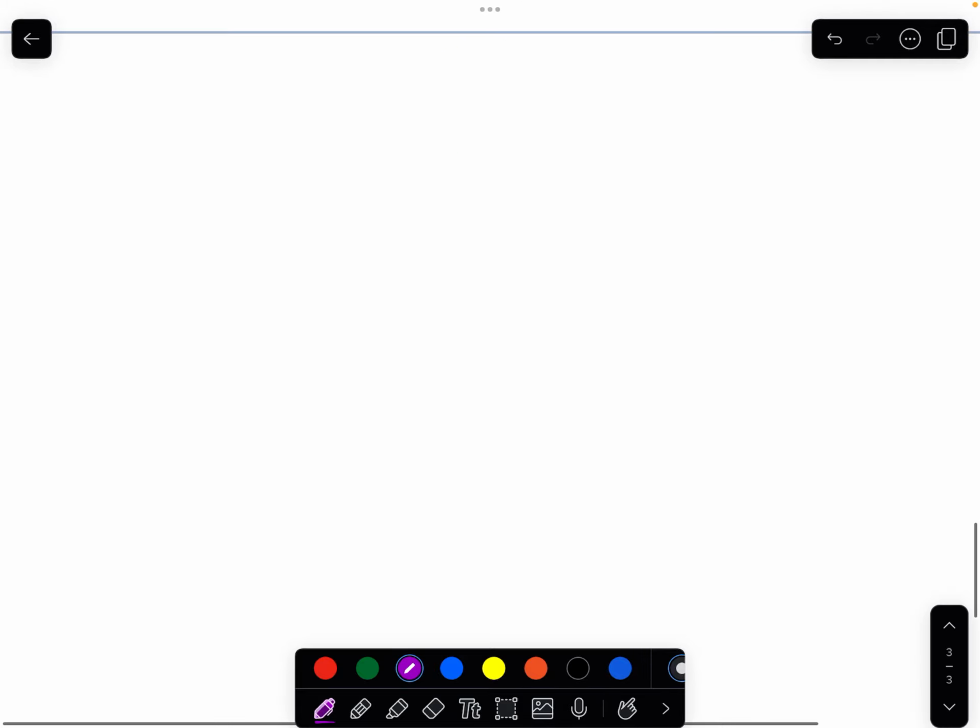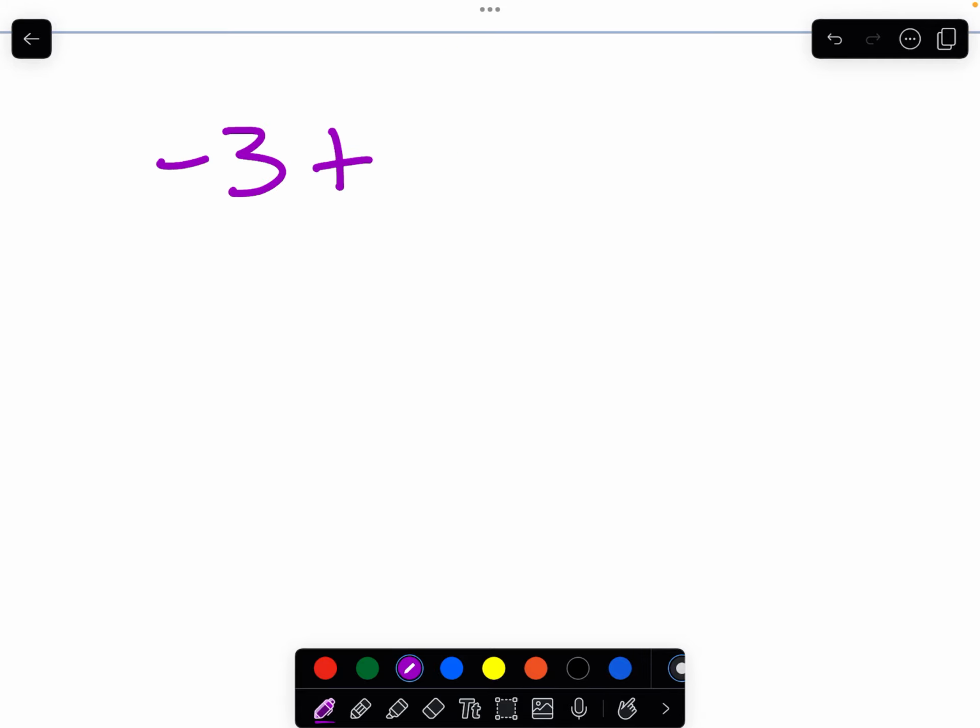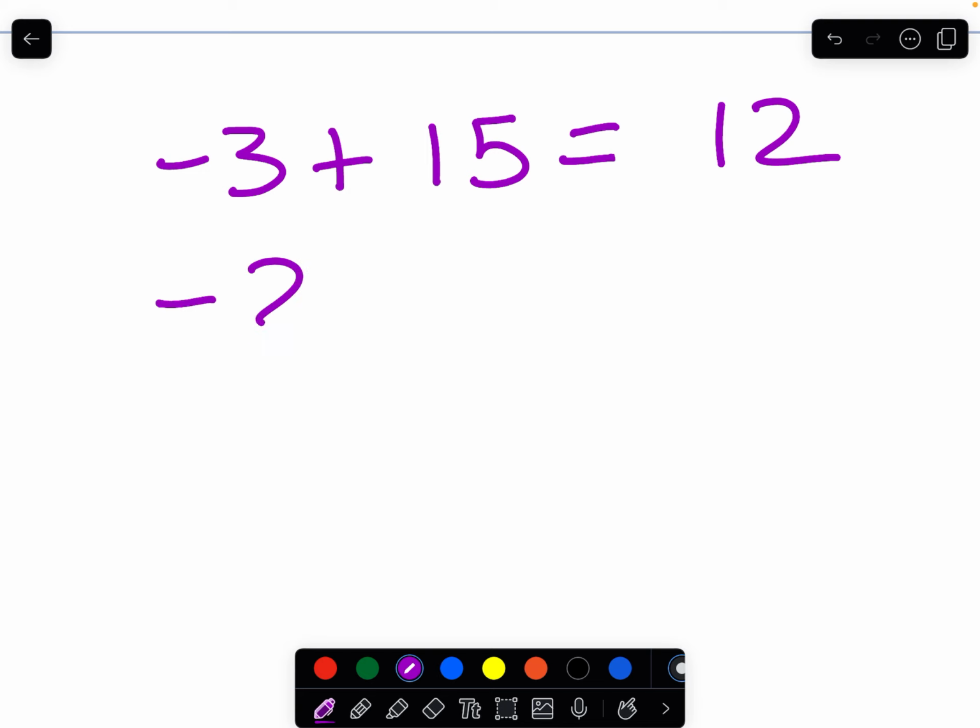Let's do a couple more. Negative 3 plus 15. 15 minus 3. That's 12. And it stays positive because 15 is positive. Now, the one place where I forgot to mention is when you are dealing with opposite numbers.